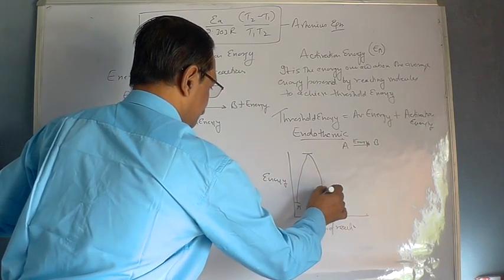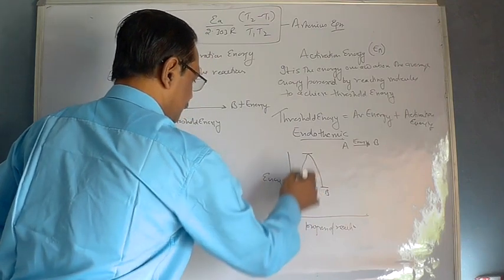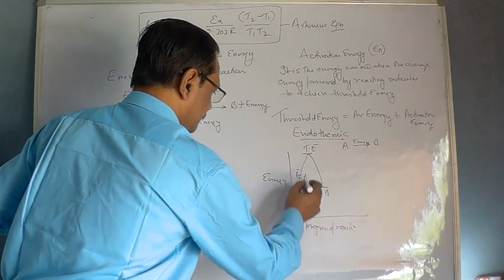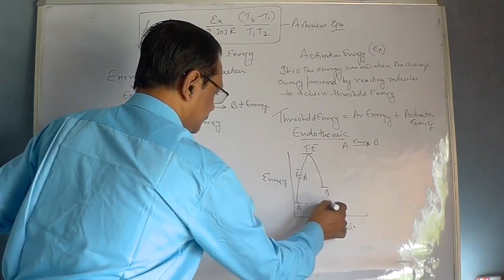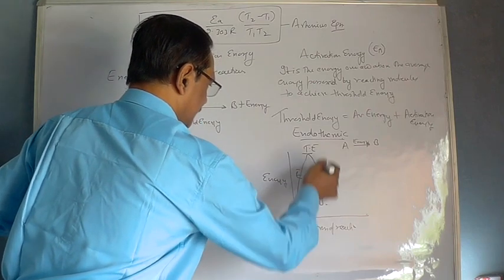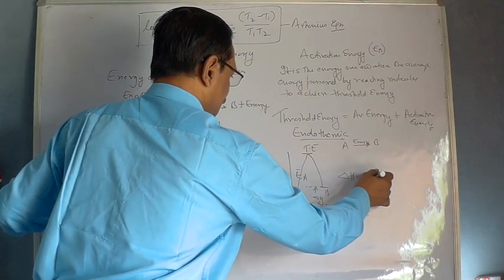This is your A, this is your B. Again, the energy required to achieve threshold energy is your activation energy here, and the energy difference between A and B will give you delta H, and you all know that in endothermic reaction delta H is positive.